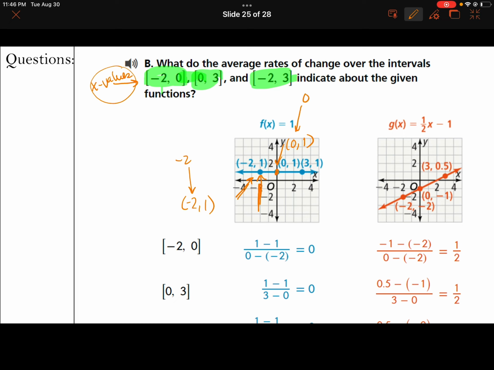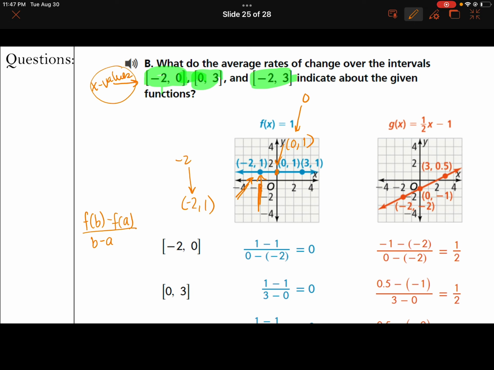So I'm looking at these 2 points. What is the slope between these 2 points? So then we do our equation, which is f of b minus f of a over b minus a.